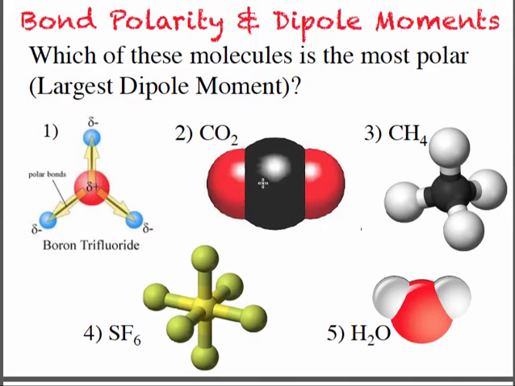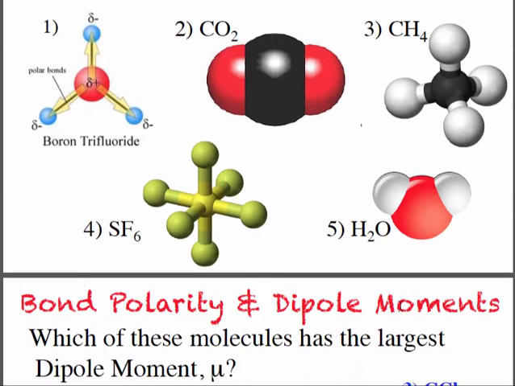No. Is carbon dioxide lopsided geometrically, three-dimensionally in space? No. Is methane lopsided? It might look like it, but no. Is sulfur hexafluoride lopsided geometrically? The answer is this one cancels this one, this one cancels this one, this one cancels this one. No. Is water lopsided geometrically, three-dimensionally in space? Yes. So that's the largest dipole moment.